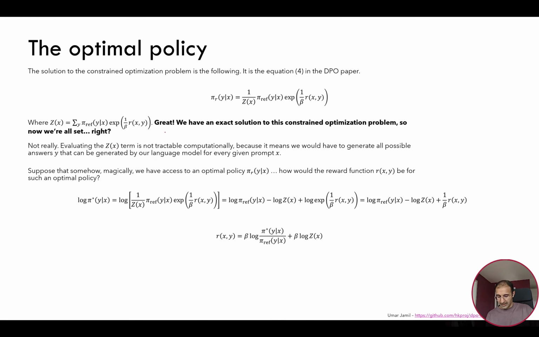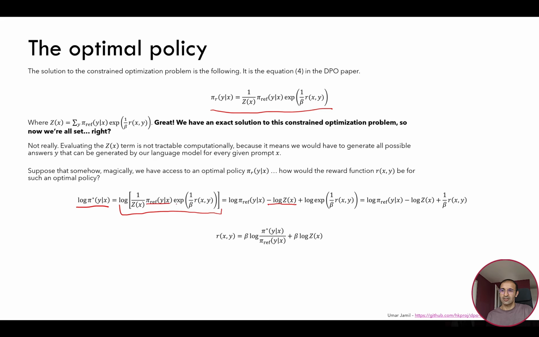We can apply the log on the left side and on the right side of this expression here, and we will get that the log of a product, as you know, is the sum of the logs, and the log of the ratio is the difference of the logs. So this z term is in the denominator, so it becomes a minus log of z of x.